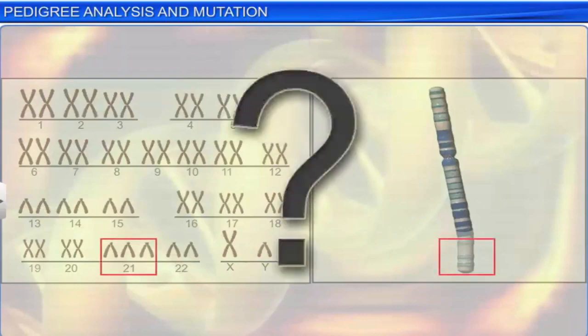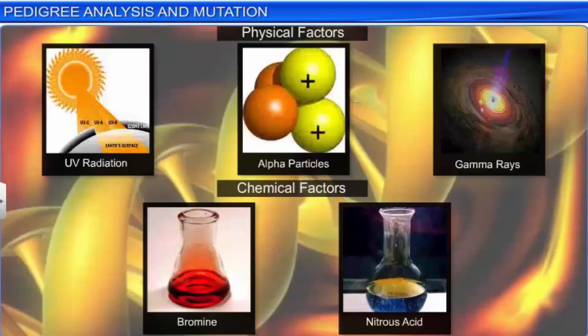But why do genes and chromosomes undergo mutations? There are several physical and chemical factors that change the genetic structure or that induce mutations. These factors are known as mutagens.